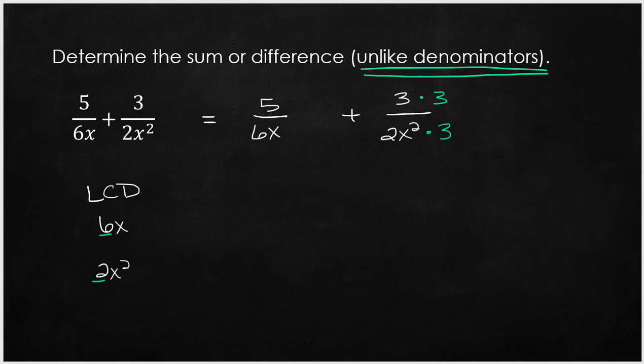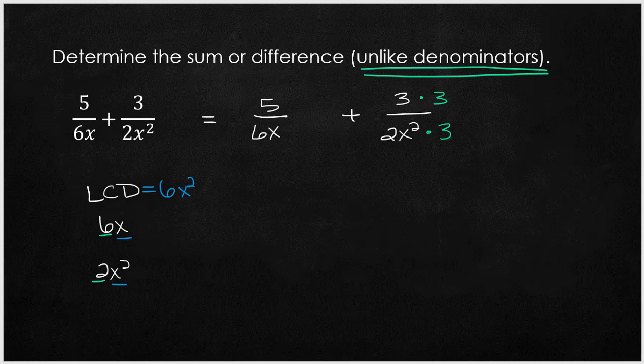Now I'm going to take the variable term. We have a variable of x, and then we've got x squared. The common denominator between x and x squared is x squared. So our least common denominator between the two terms is 6x squared, because that's what they would both have in common.